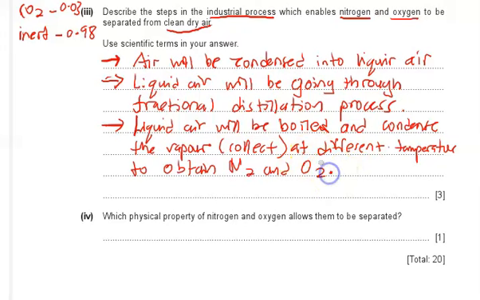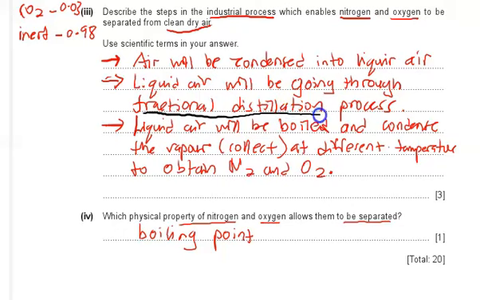So this is how the process is. Now, the physical property of nitrogen and oxygen that allows them to be separated is their boiling point. It is the same process where water can be separated from alcohol. So I hope you can understand this.